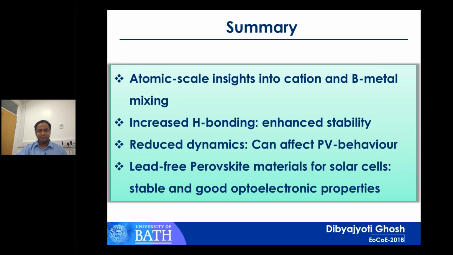Also, we can have lead-free perovskite materials for solar cells by substituting with tin and germanium, which can give very interesting photovoltaic properties. But again, we need to do more research on it to make it stable and much more resistant towards atmospheric factors.